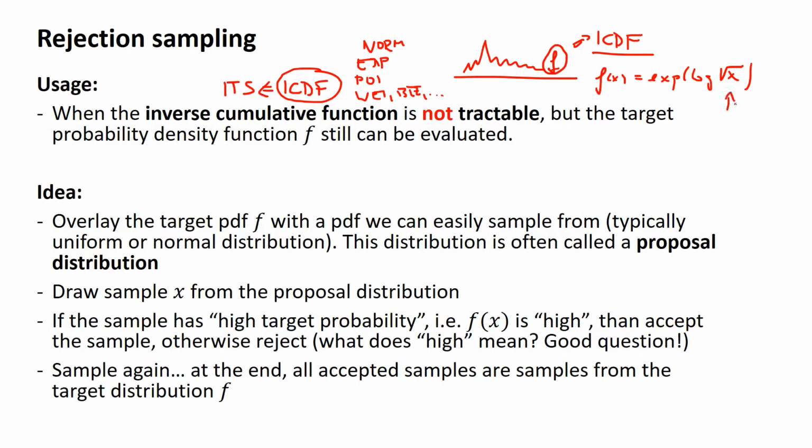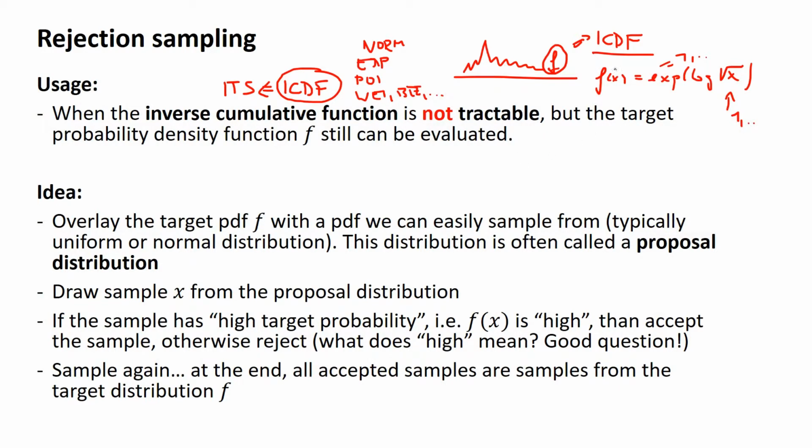So if I plug in 1, I get 1. If I plug in something else, I get something else. It's not like I plug something in and I don't know how to actually evaluate it. Okay, so this is the only thing we need in order to employ rejection sampling.